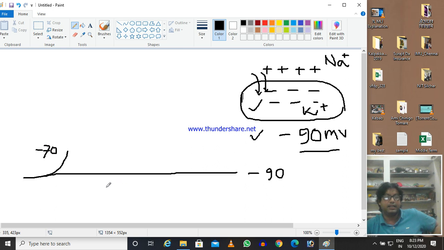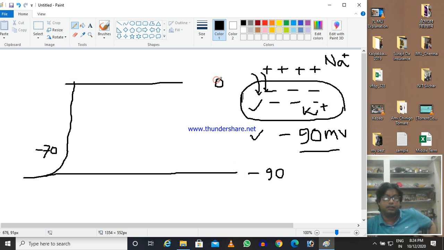Once this minus 70 is reached, this point is called the threshold potential. After that, the sodium ions start to enter the cell in a faster way. So very sharply the membrane potential, the negativity, starts to decrease and it will reach 0.